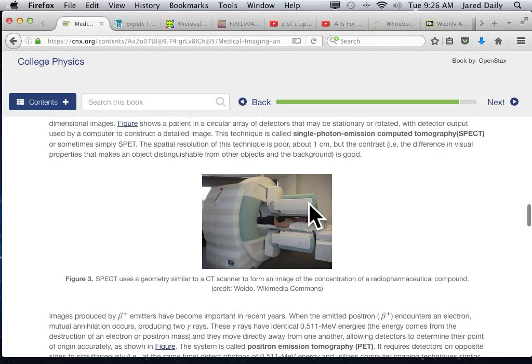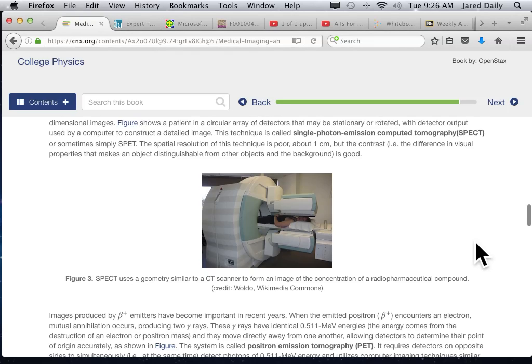And one of these things emits, and the other side detects. And the reason for this big ring here is to rotate this thing around at different angles and get you different slices through the body and give you that tomography.